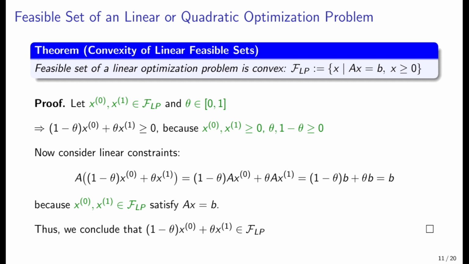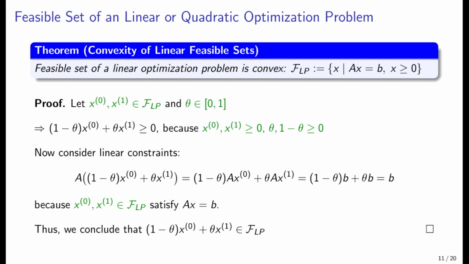And then I do the same thing for the other constraints. So now what I've shown is that my convex combination is non-negative. Now I go for the linear affine constraint, and so I just pre-multiply. I just put my new point, my convex combination, into my affine constraint, and then because it's a linear constraint, I can pull out the terms theta and 1 minus theta and distribute my matrix or linear operator.